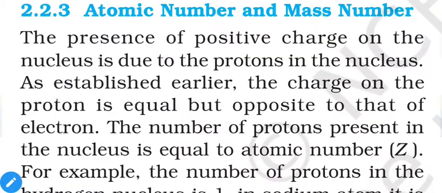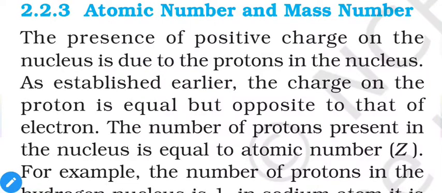As we know, we have some basic details about the periodic table. In the periodic table, elements are arranged in increasing order of their atomic numbers, and atomic numbers depend on the number of protons in an atom.